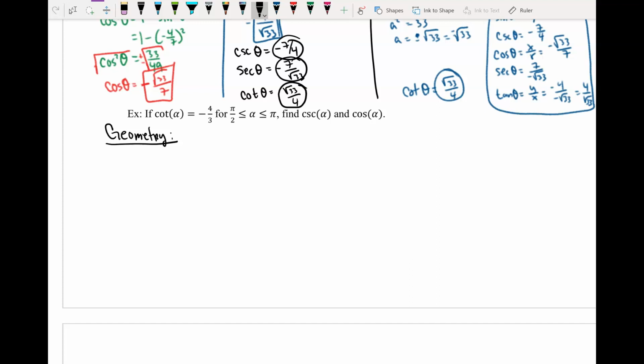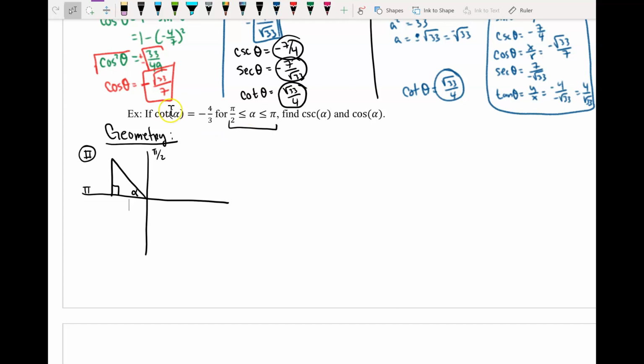So let's first locate where alpha should be. So if I draw a coordinate plane, notice that pi over 2 is here and pi is over here. So I'm in quadrant 2, which means that my triangle should look something like this. And here's alpha.